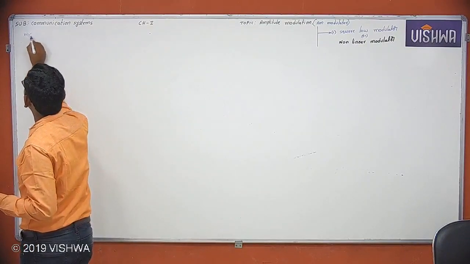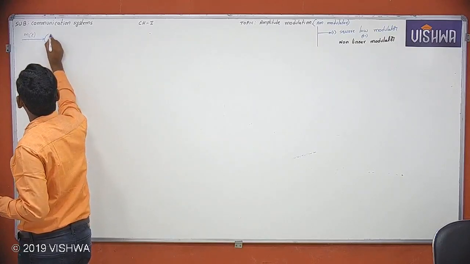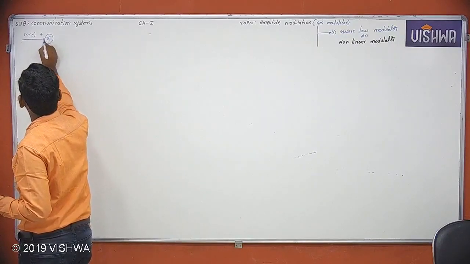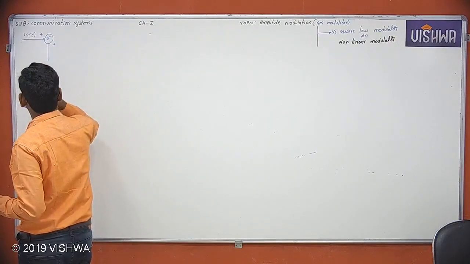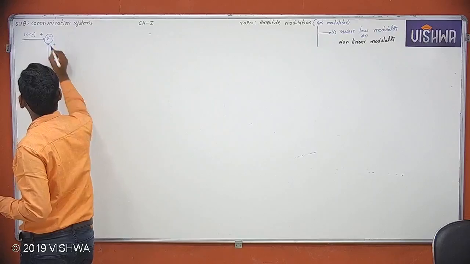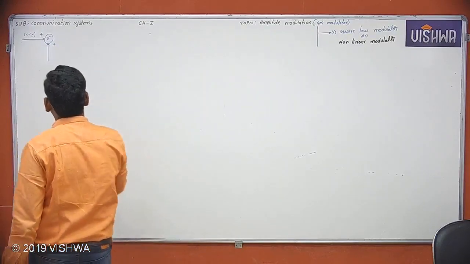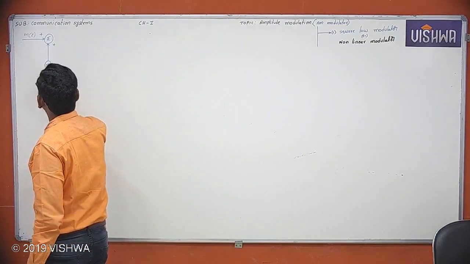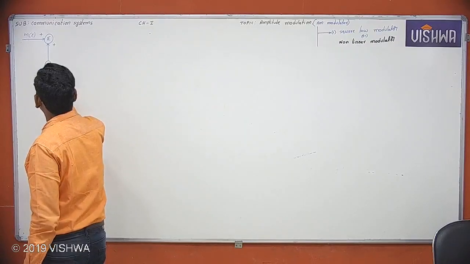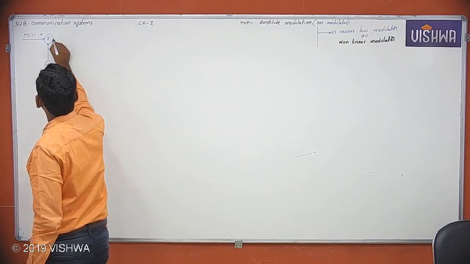Now this is the message signal, and this is the carrier signal. Because for modulation we require both the message signal as well as a carrier signal.